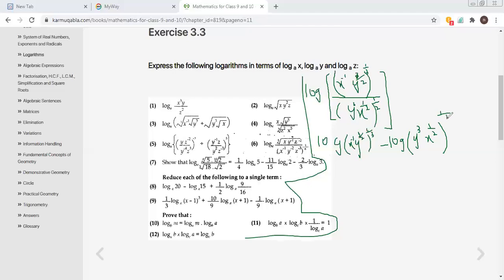Is there any confusion class? यहाँ पे कोई problem है आपको? No miss. Okay. Now you can see the first term is in product form, but before opening the bracket there is a whole power. So we will write the whole power before the log, just like this. It becomes 1 upon 3 log x inverse y 3 upon 2, right?